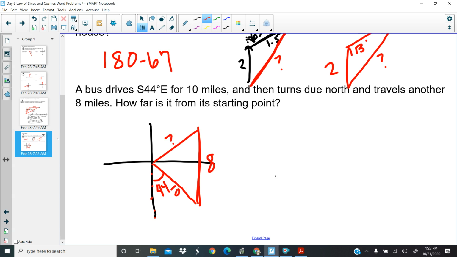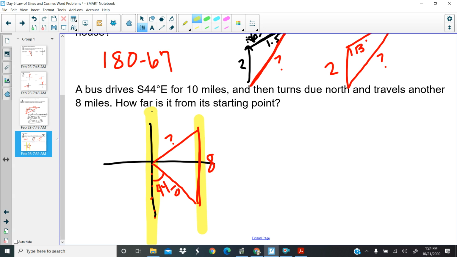So at this point, there's not a whole lot of information that we have on this, but we can find that inside angle using a property from geometry a while ago. So since we were heading due north when we were going that 8 miles, that's going to be parallel to our original north and south line on the compass.